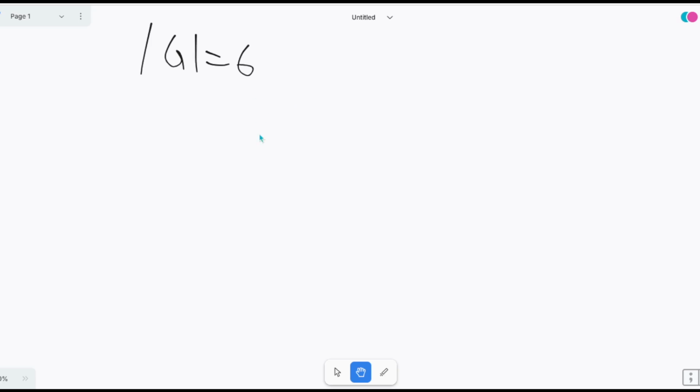So yes, we have a group of order 6, and by that corollary, we can take some x and y in G such that x has order 3 and y has order 2.